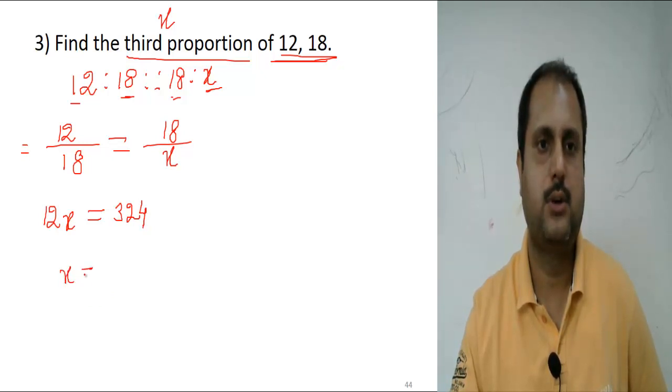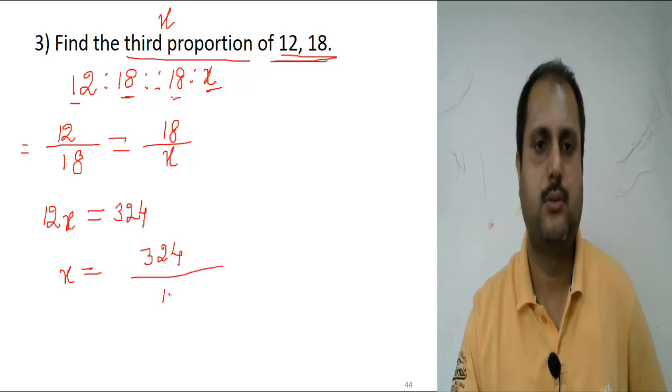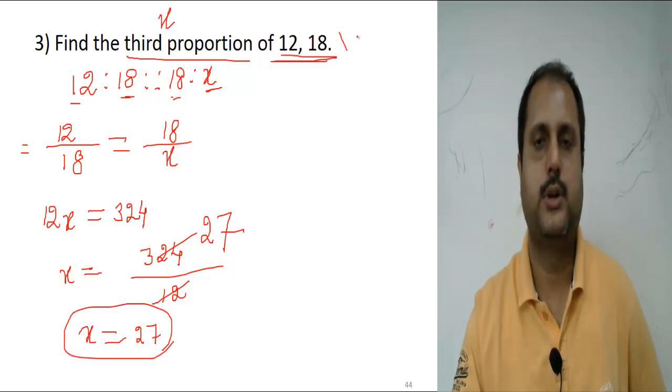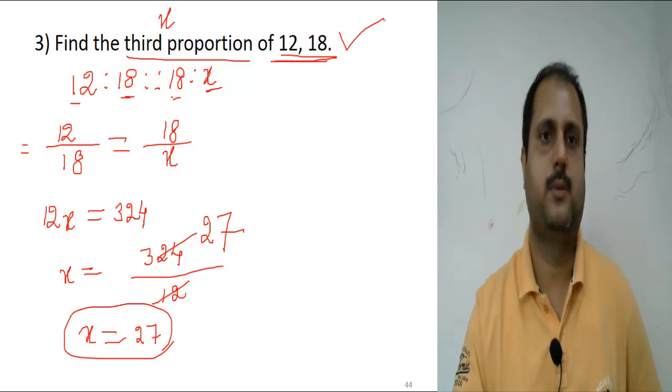Then x equal to 324 divided by 12. What will be the answer? Cancel, 27. So x equal to 27, and 27 is the third proportion.